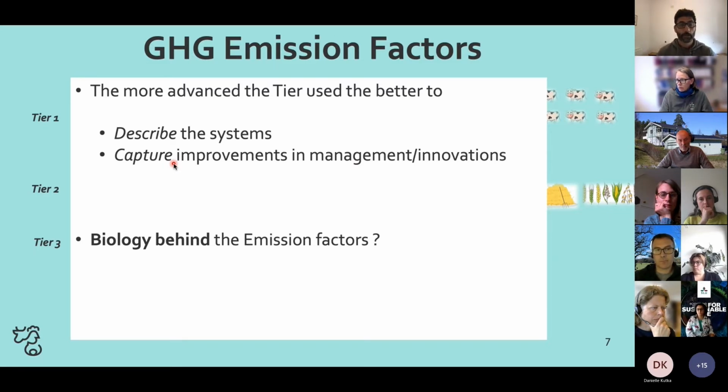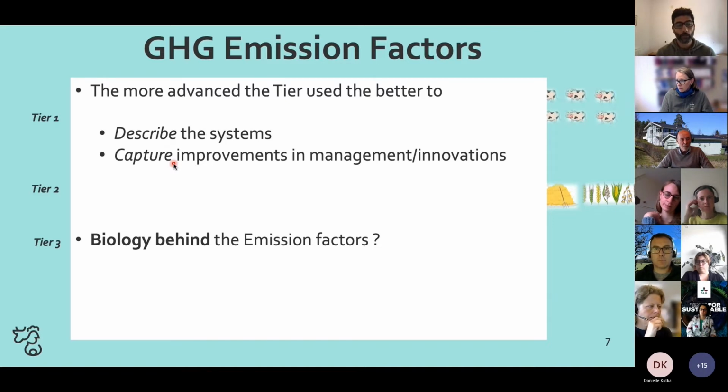We want to see how the environmental impact, as part of the sustainability of the systems, changes depending on what we do in terms of management.